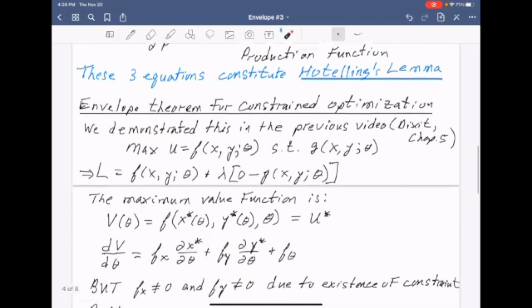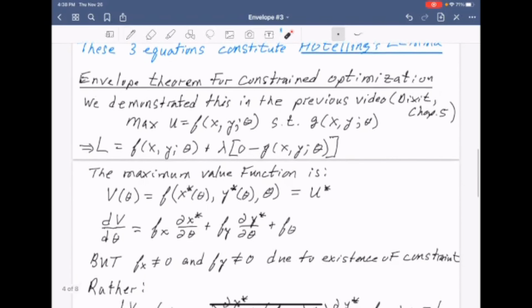The maximum value function in this case, we denote V as a function of theta, is equal to f. We substitute in the optimal values for x and y, denoted by stars and a function of theta each. And of course, we've still got that theta there as well.